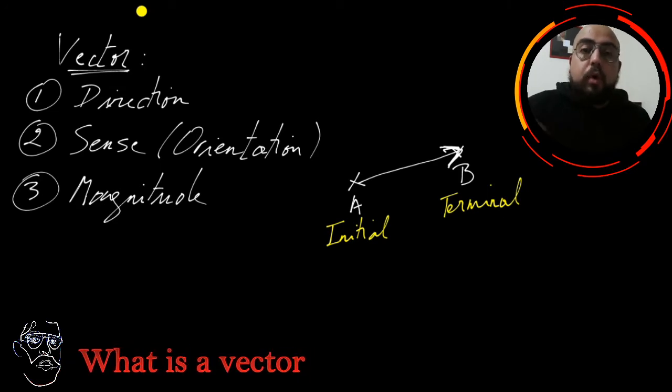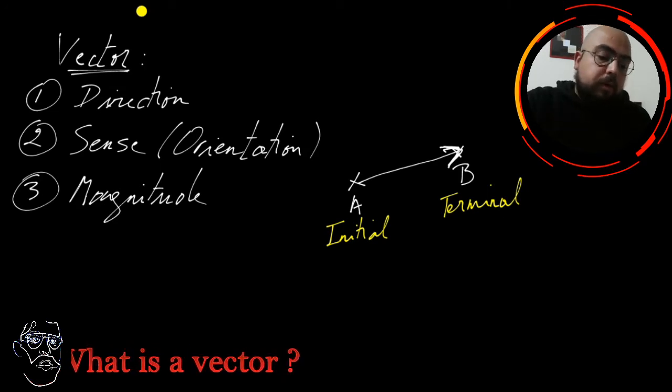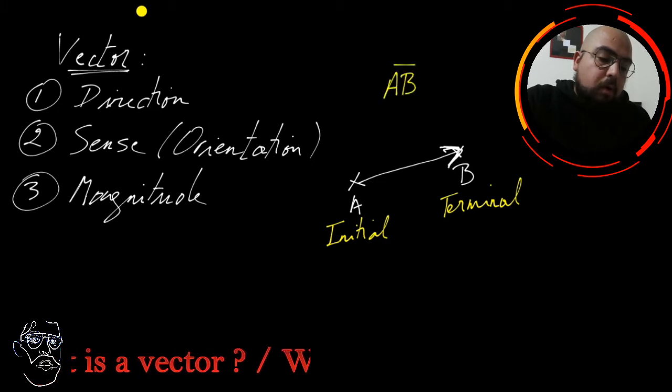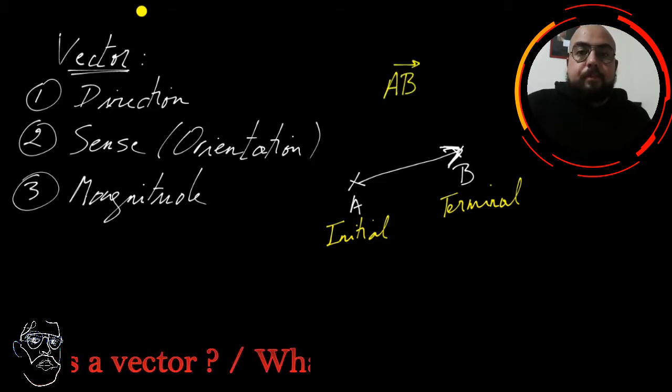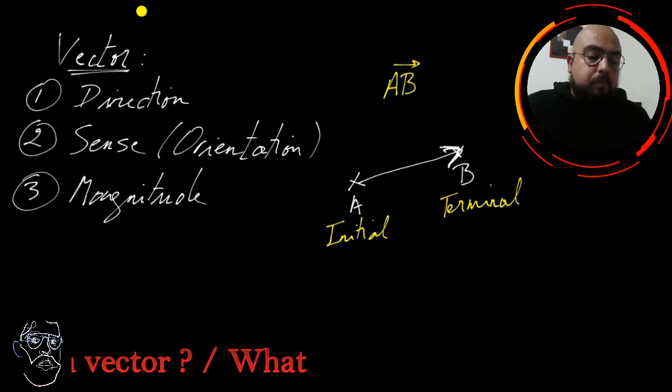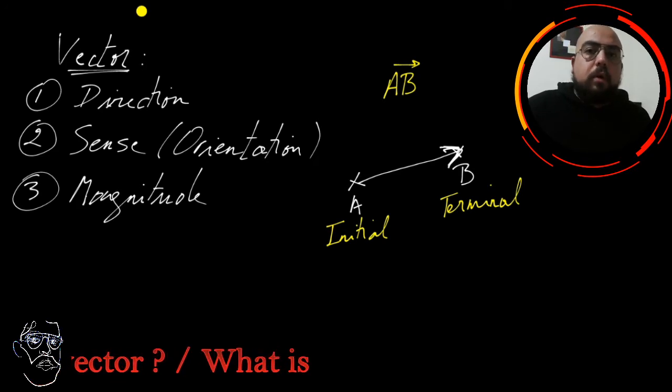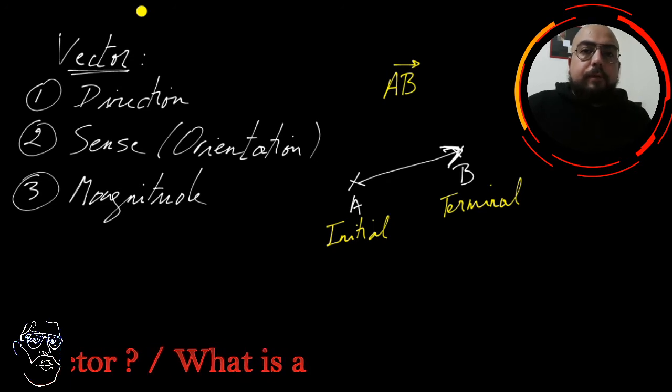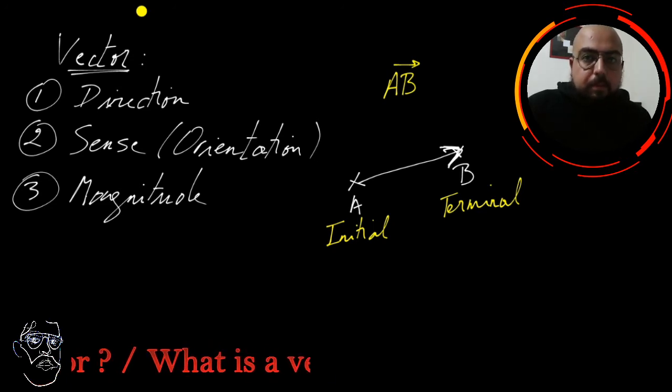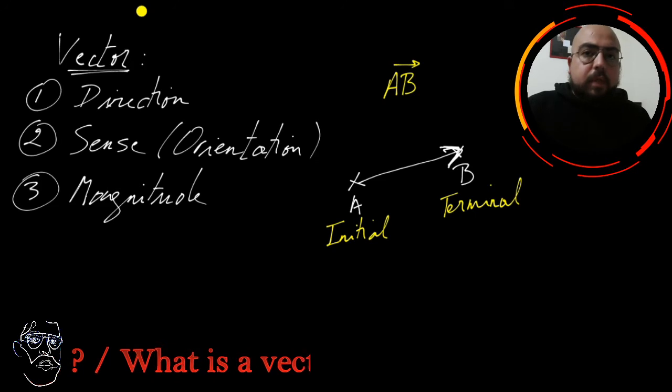Now how do we write the vector? You simply say it's the vector AB with an arrow above it. All right. Some other courses or other videos will define vectors by simply two things: magnitude and direction.